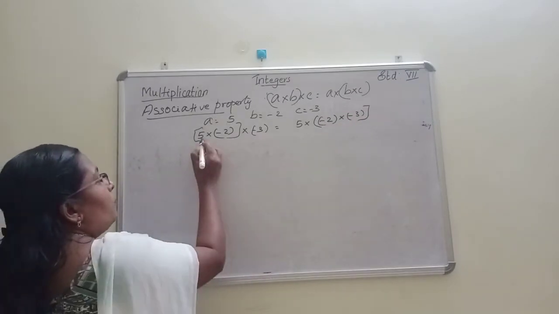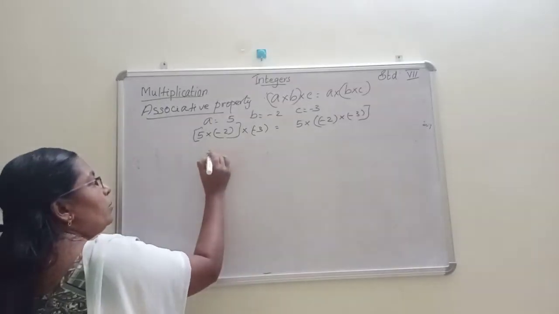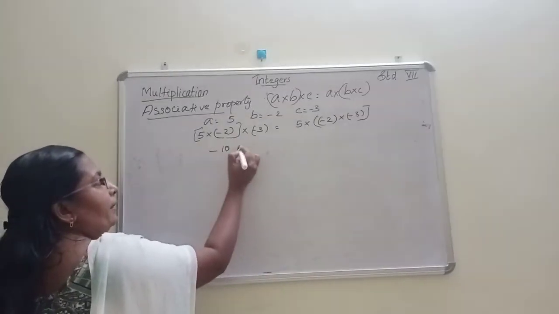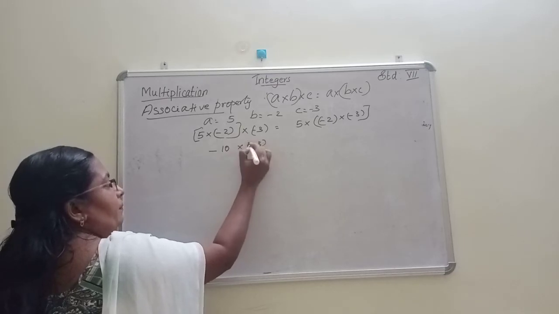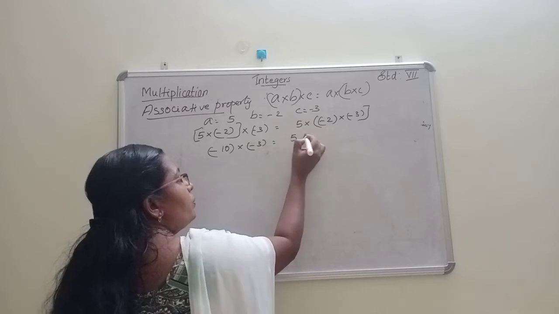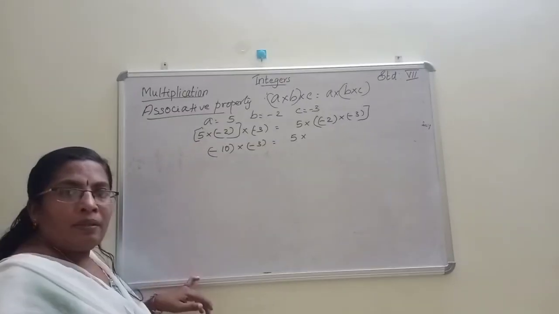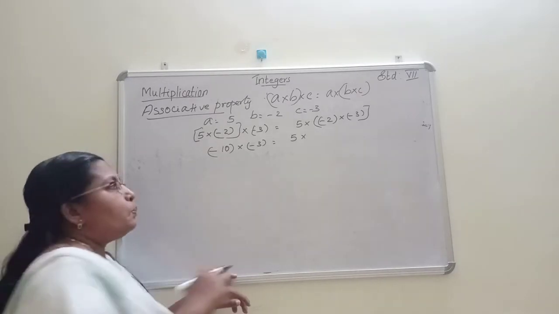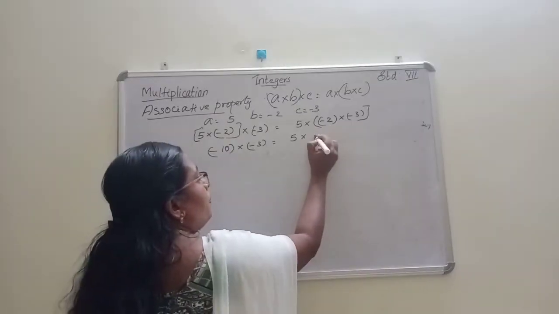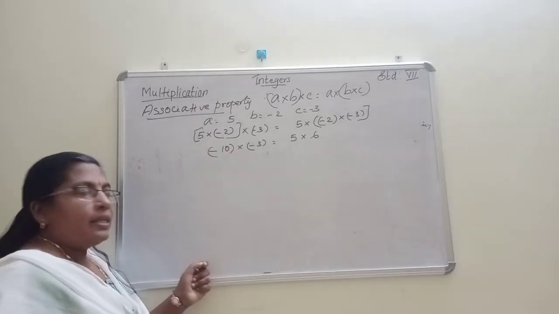So see here, 5 into minus 2, that is negative, is it? So negative 5 2s are 10 into minus 3 equal to, minus into minus is plus, so 6. 2 3s are 6.